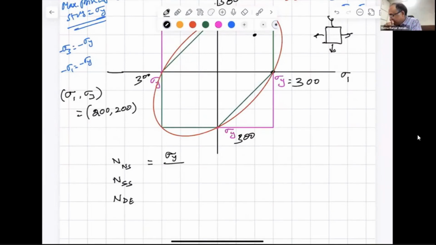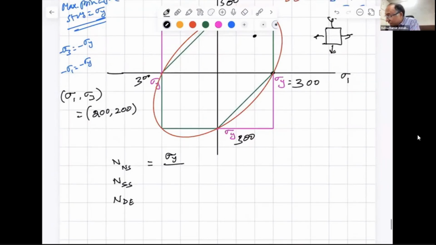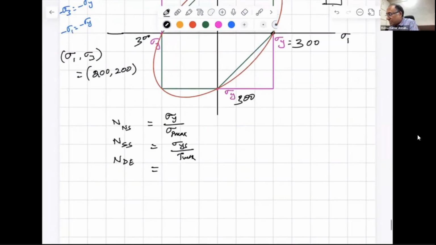For normal stress theory, yield strength divided by sigma P max, the maximum principal stress. For shear stress theory, shear yield strength divided by maximum shear stress. For distortion energy theory, yield strength divided by equivalent stress.